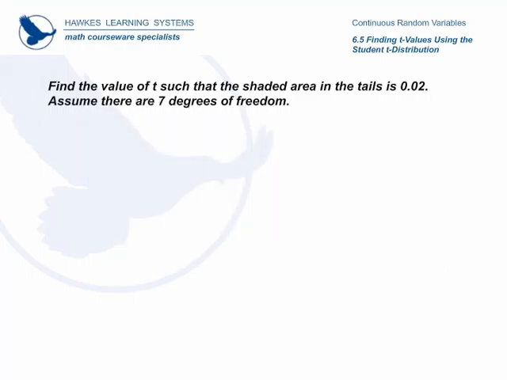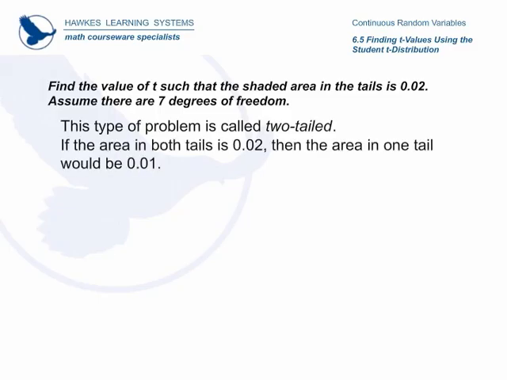And we'll continue on with another example where we'll find the value of t such that the shaded area in the tails is 0.02. Assume that there are 7 degrees of freedom. Now this type of problem is called two-tailed. If the area in both tails is 0.02, then the area in one tail would be 0.01.